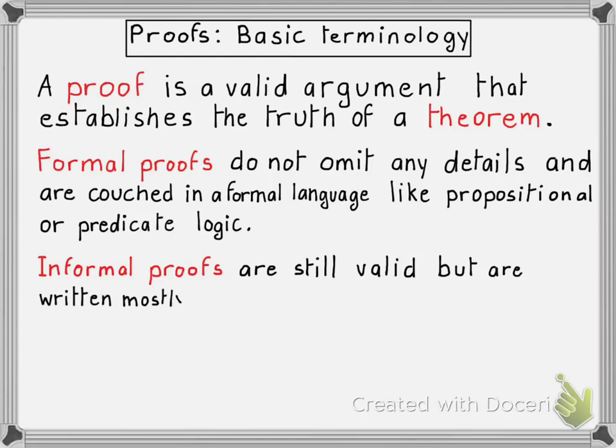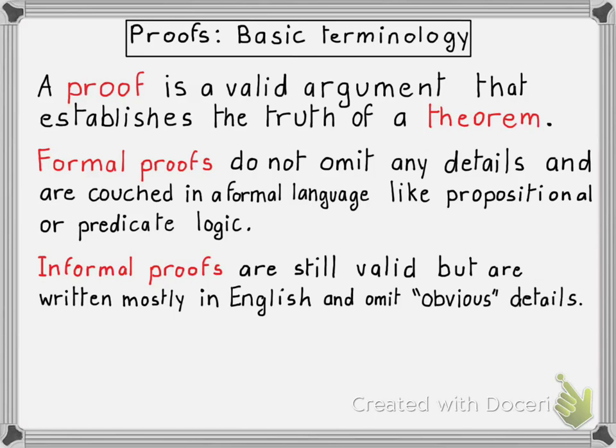Informal proofs are still valid arguments. They are still valid proofs, but they are written mostly in English, so they are not formal, and they also omit some obvious details. And we'll talk about that as the examples come up. So keep in mind the difference between formal proofs, which we've done so far, and informal proofs, which we're going to start to explore in this lecture.